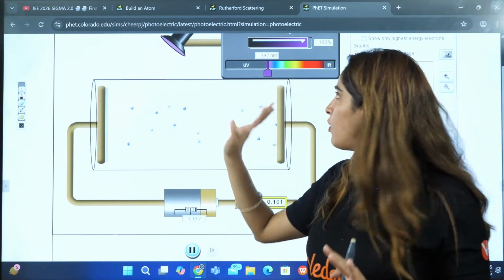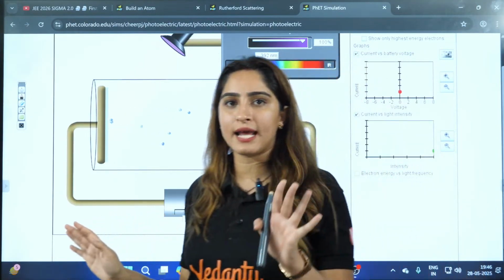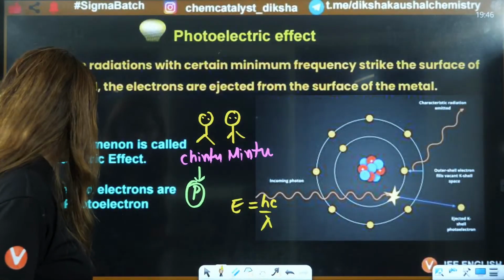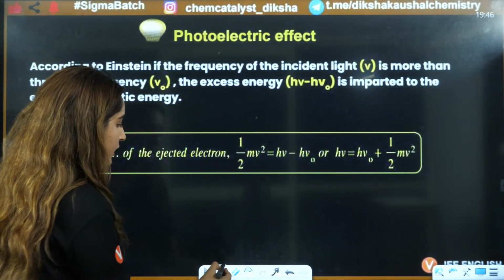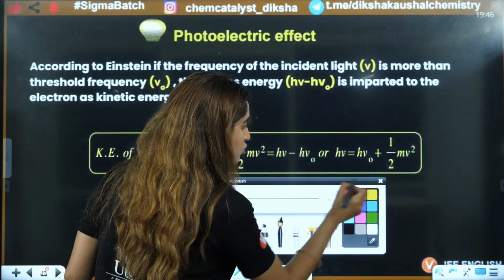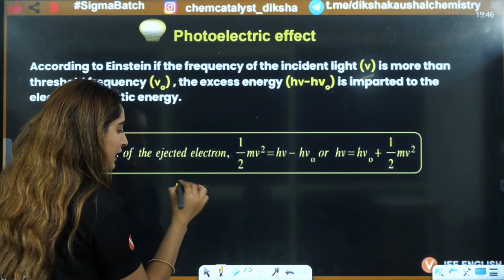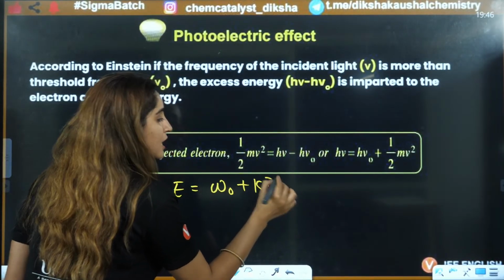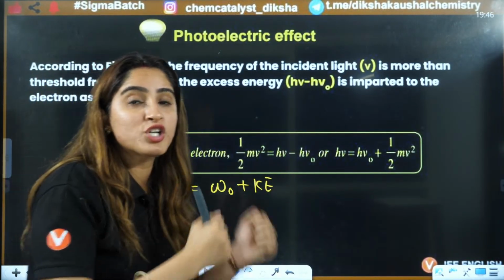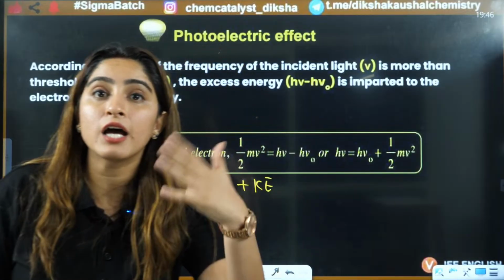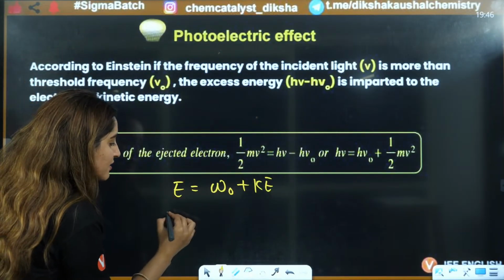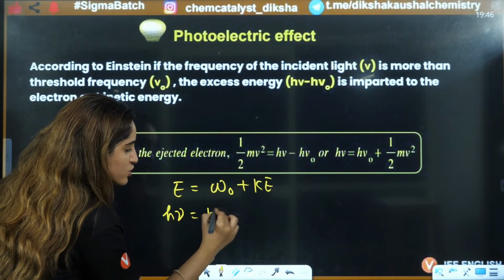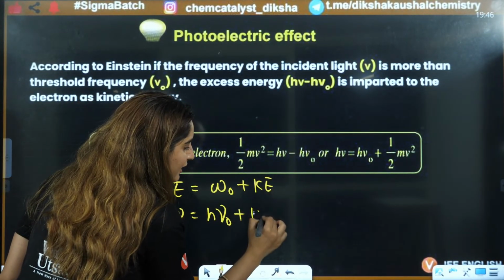I'll keep it fixed at violet only, right? Now, if I keep the incident light frequency constant, I'll do one more thing here. You should also know the formula: E is equal to W naught plus kinetic energy. Kinetic energy is the motion of the electron, the way they are moving, right? So this is h mu is equal to h mu naught plus kinetic energy.